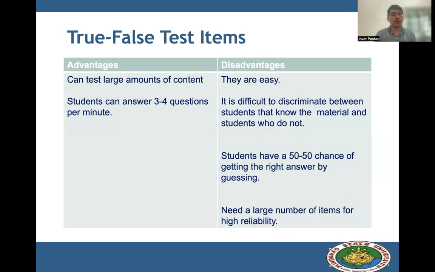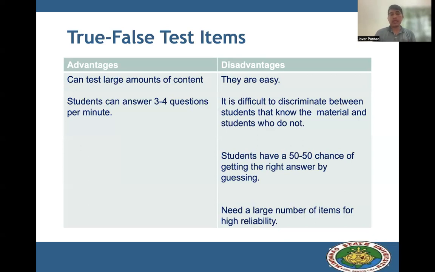So what is the probability? The chance of getting the right answer by the students through guessing is 50-50. So there's a 50% probability for the students to get the correct answer through guessing. And for us to be able to establish high reliability of true or false test items, we need a large number of items.